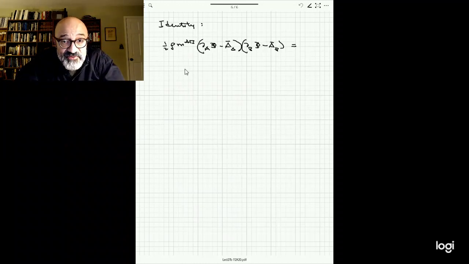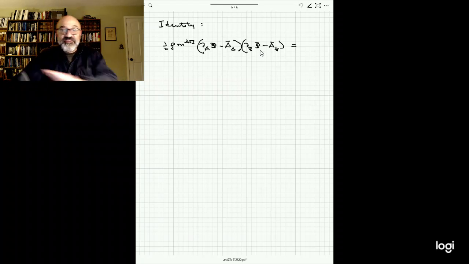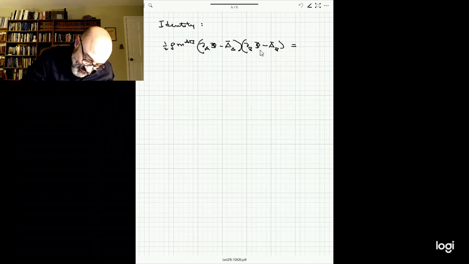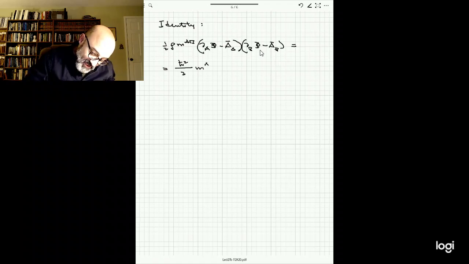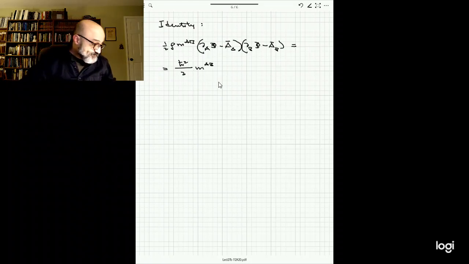In order to do that, I'm going to take advantage of an identity here. You can actually prove this, it's just algebra, no thinking required, just roll up your sleeves and do the algebra. This is the same as h squared over 2m, where the m appears in the form of the inverse mass tensor.